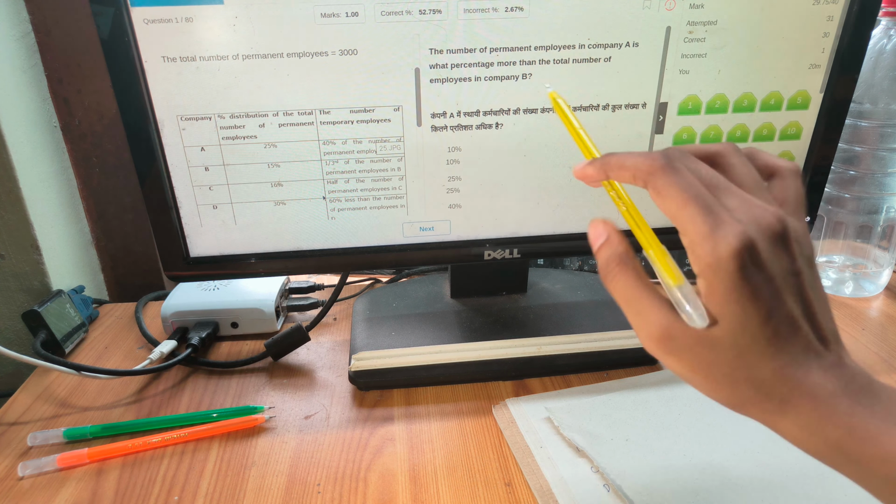Then the number of temporary employees in company C. We have 16% of the total permanent employees as the permanent employees of company C, which is 480. And half of the number of permanent employees in company C are temporary employees, which will be 240. So the ratio is 420 to 240, which is equal to 7 to 4.